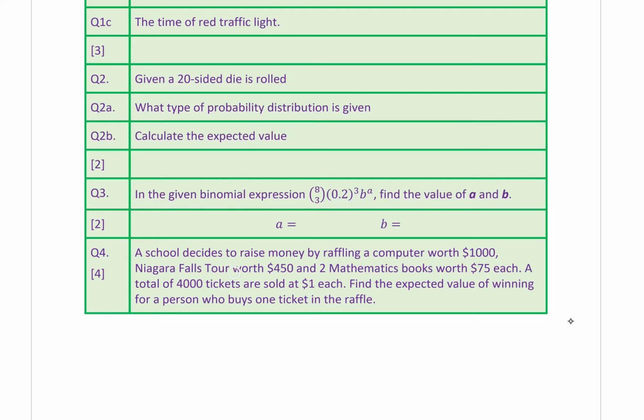A school decides to raise money by raffling a computer worth $1,000, a Niagara Falls tour worth $450, and two mathematics books worth $75 each. A total of 4,000 tickets are sold at $1 each. Find the expected value of winning for a person who buys one ticket in the raffle.